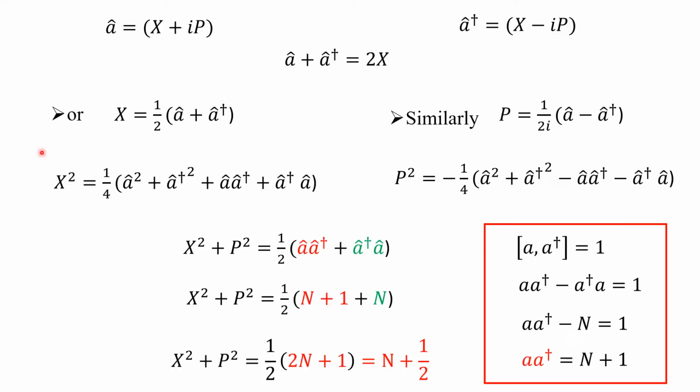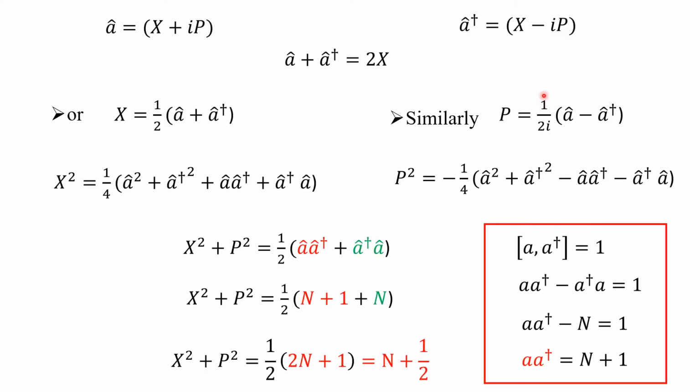Now if you square the capital X, capital X squared will be equal to 1 over 4 times A plus A dagger whole squared, which becomes A squared plus A dagger squared. And keep it in your mind that A will not commute with A dagger, so this will become A A dagger plus A dagger A. Similarly, what about capital P squared?